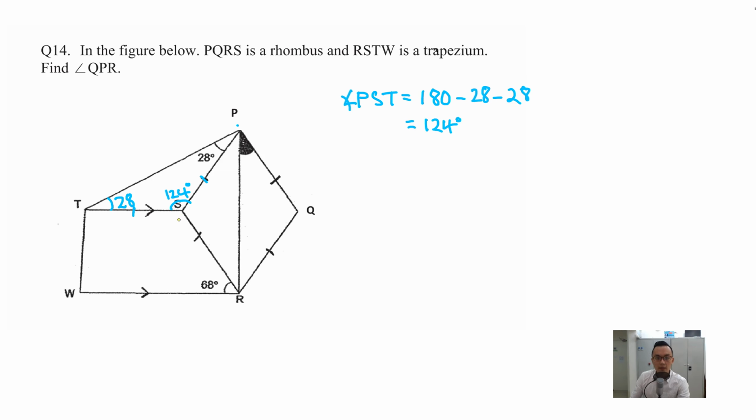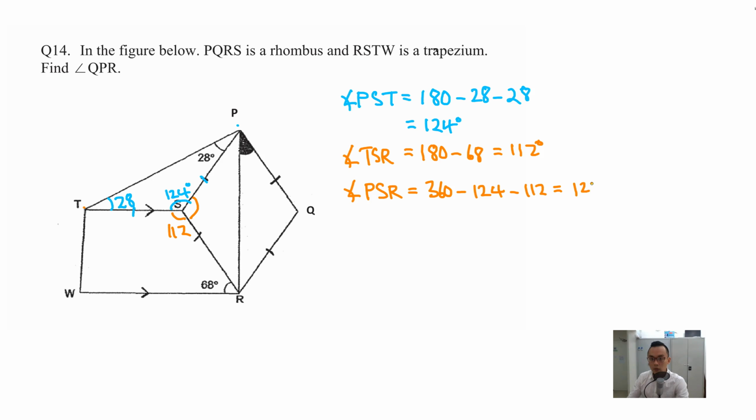And angle TSR is equal to 180 minus 68 equals 112. So I'm looking for this angle now. Angle PSR equals 360 minus 124 minus 112 equals 124 degrees. So this is 124.